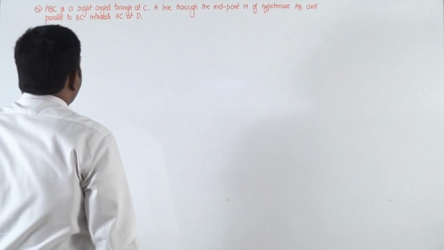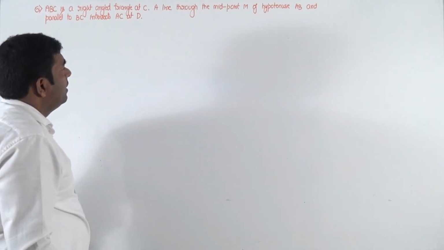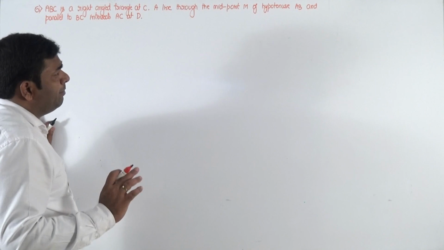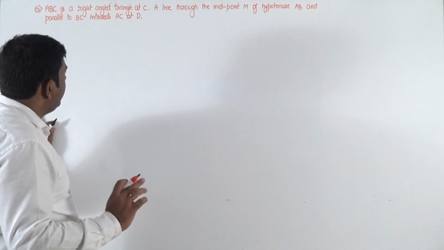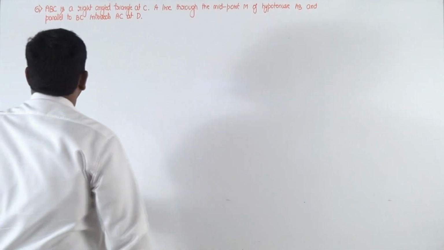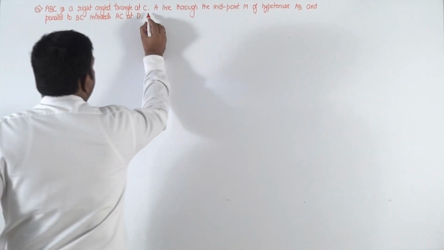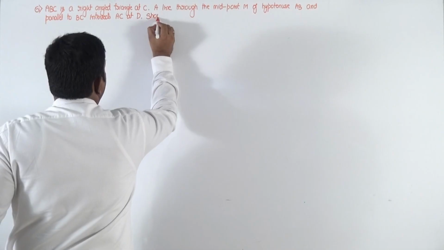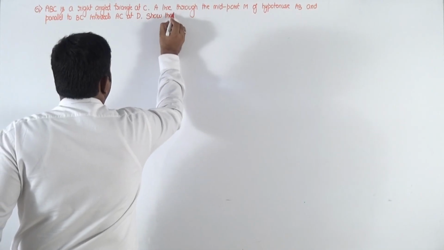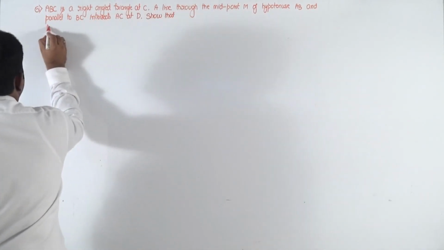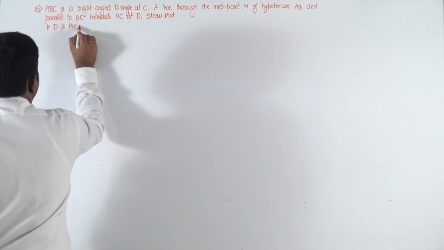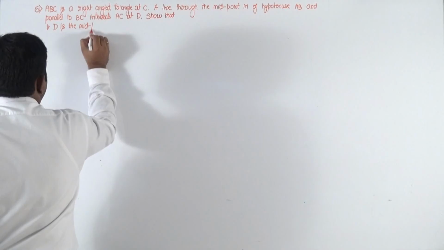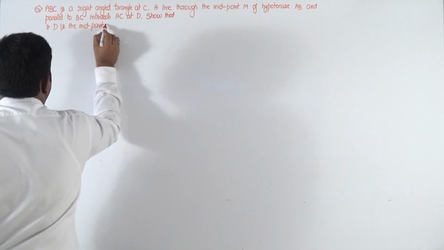ABC is a right angle triangle, right angle at C. A line through the midpoint M of hypotenuse AB and parallel to BC intersects AC at D. Show that: first bit, D is the midpoint of AC.